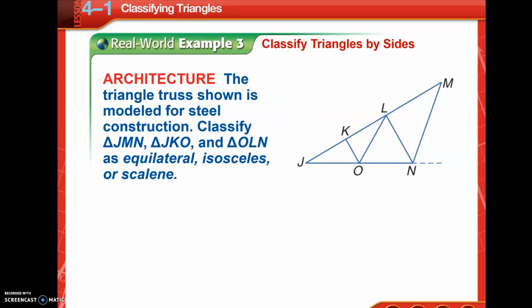The triangle truss shown is modeled for steel construction. Classify JMN, J to M to N. Looking at that, none of the sides are equal, so that would be scalene.